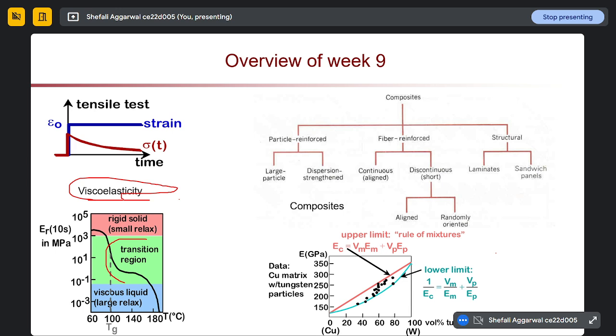And what is happening in the case of a viscoelastic material is that with time the stress value or the strain value decreases. And in the creep, if we talk about the creep value of a viscoelastic material, viscoelastic polymers will have a higher creep value as compared to normal materials or metals.